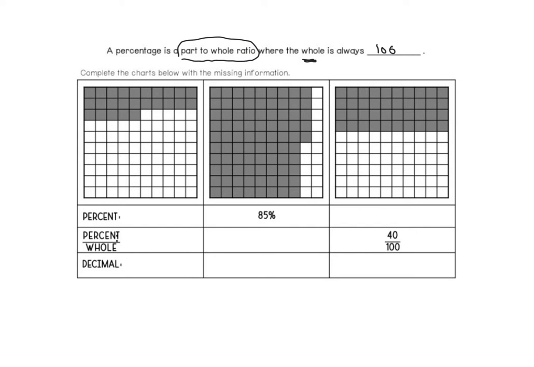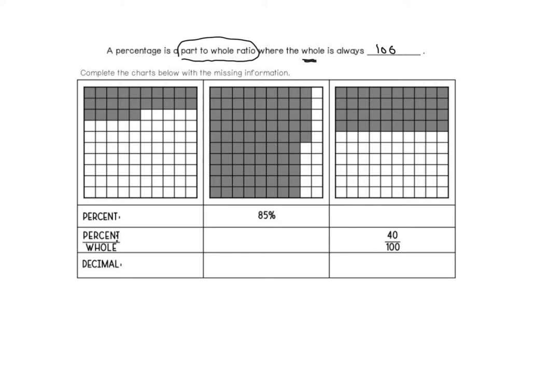Let's get started with remembering how these work, particularly how you work interchangeably between a percentage, a decimal, and a fraction. What you see in front of you in these squares are percent area squares.